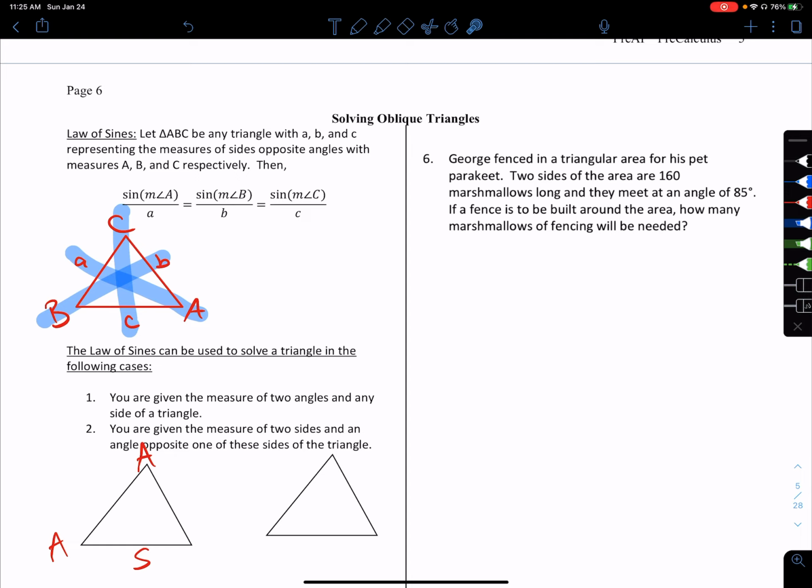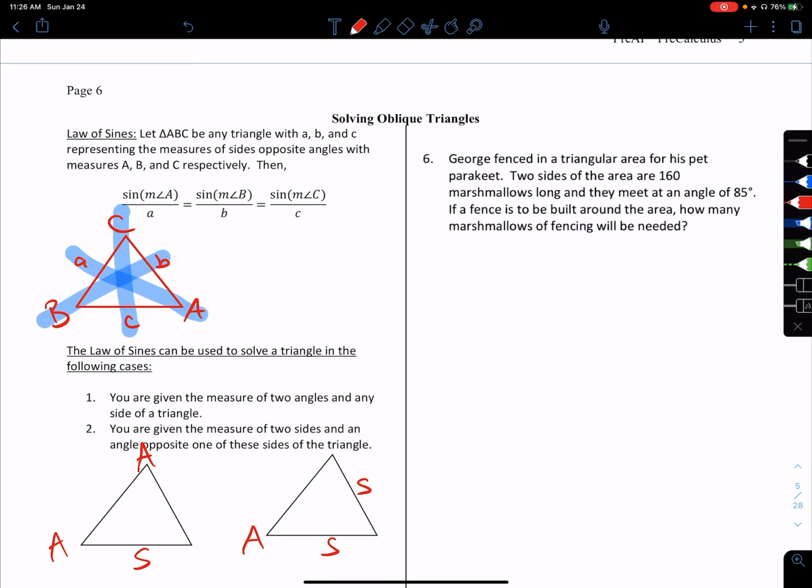Or if you are given the measure of two sides and an angle opposite one of those sides. So let's say that you're given this angle here. Let me do that again. If you're given the measure of two sides and any angle opposite one of those sides. These are the two cases where you can use law of sines.